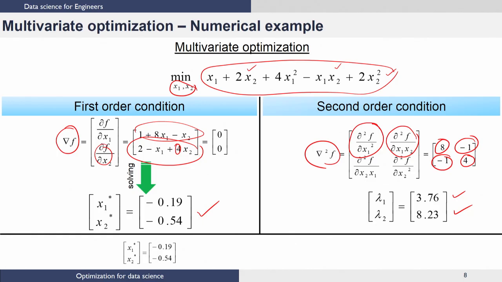So, there is going to be only one solution here, and it turns out that that solution is a minimum for this function. So, this finishes our lecture on multivariate optimization in the unconstrained case.